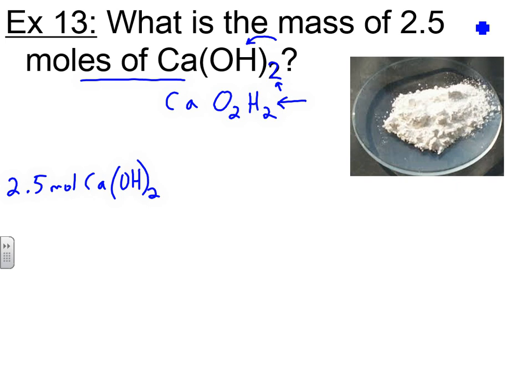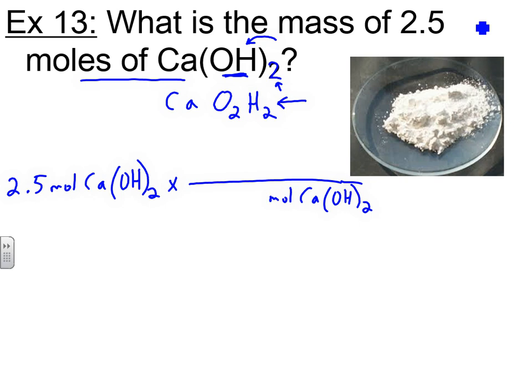But we'll do the same thing in our conversion factor. We'll put moles down here of calcium hydroxide. This compound unit is called hydroxide because it has hydrogen and oxygen. And so we'll put grams of calcium hydroxide above.